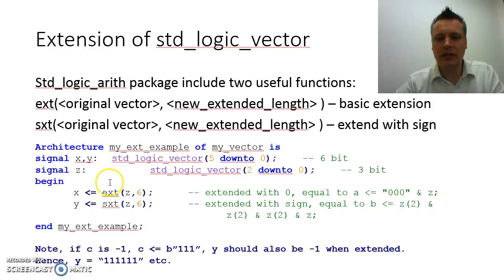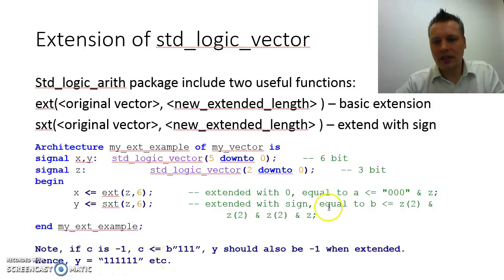However, if we had a minus 1, then the first bit is basically the sign, right? So 1 1 1, and if we want to extend that, then we want to have 1 1 1 1 1 1.